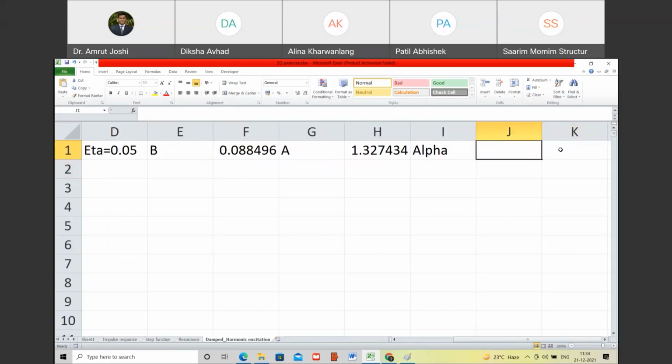So what is the value of alpha? Alpha is square root of B square plus A square. So this is value of alpha. What is the value of beta?